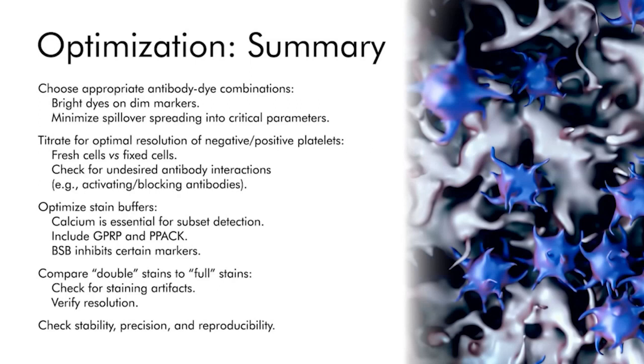We optimized buffers and added calcium and PPAC to provide accurate phenotyping and prevent undesired platelet activation. We compared double and full stains to confirm adequate resolution and rule out staining artifacts. And finally, we checked sample stability, precision, and reproducibility.